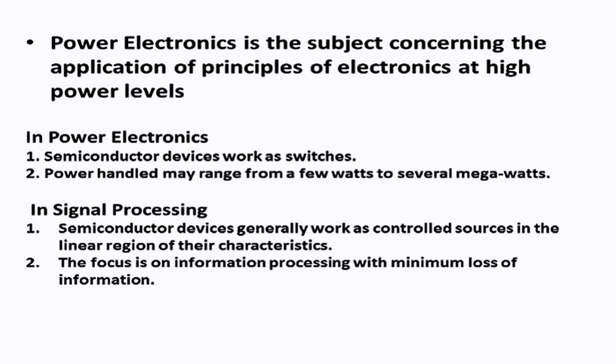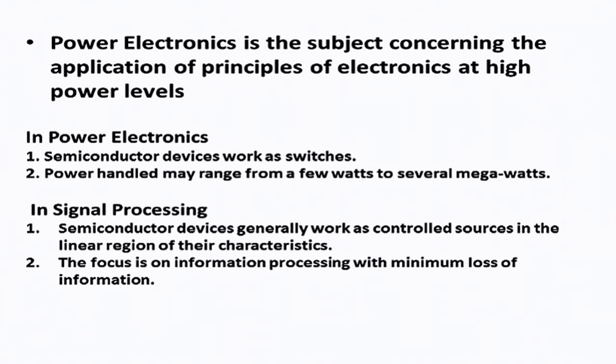Let us first understand the difference between power electronics and normal signal electronics. In power electronics, we discuss the applications of electronics at high power level, whereas in normal signal electronics we deal with the operation of electronic devices at very low power level, for example in milliwatt or watt level.